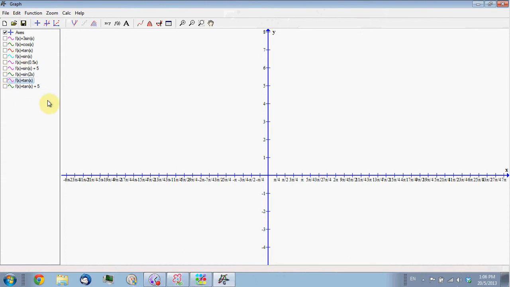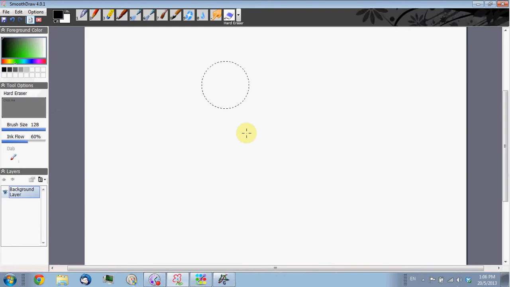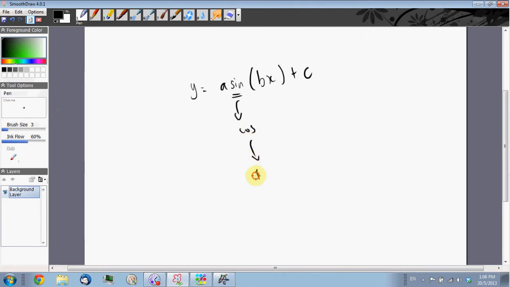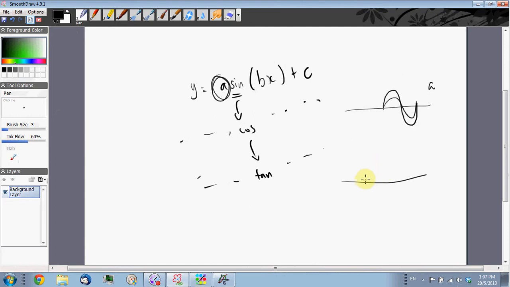So remember, in summary, for y equals a sine bx plus c, whatever this can be, cosine or tangent, it doesn't matter. a changes how much the scale is. b changes the repetitions. And c shifts the graphs up.